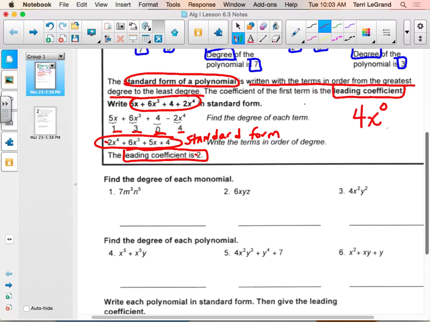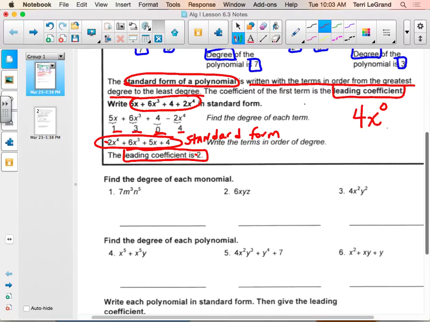Okay, can somebody tell me what the degree of this polynomial is then? What's the degree of that polynomial that we just put in standard form? Remember, go up above. How do we describe the degree of a polynomial? It would be a degree 4, wouldn't it? Because whichever monomial has the greatest degree gets to claim the degree of the polynomial.